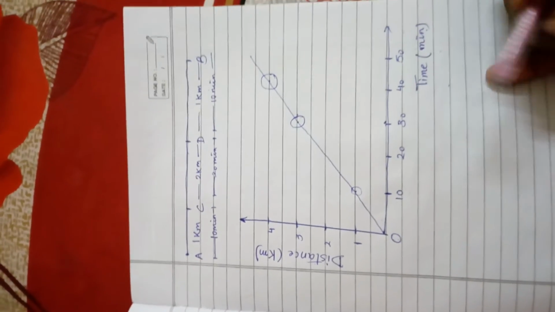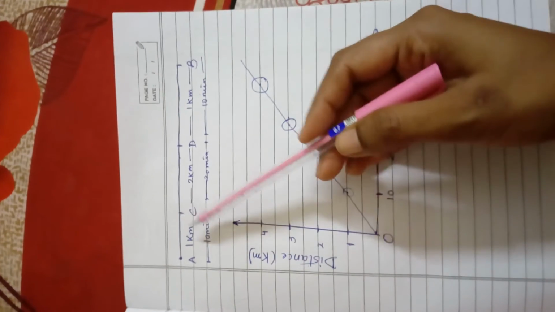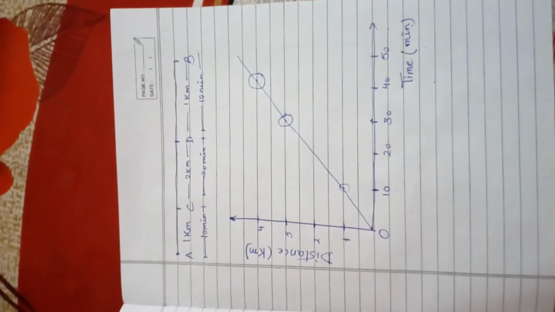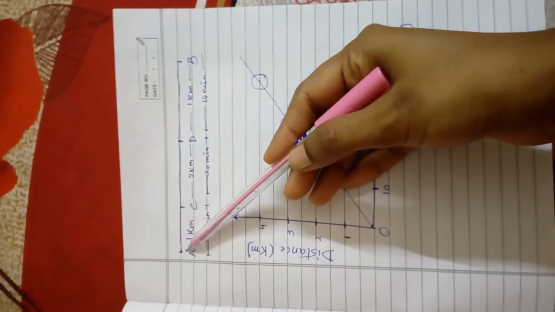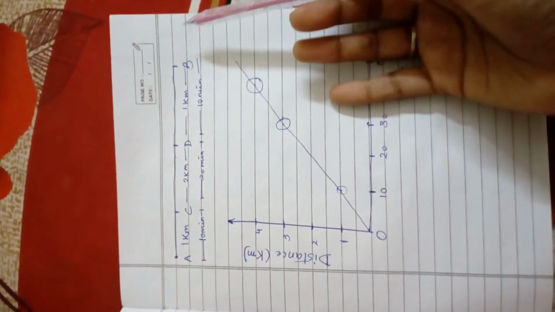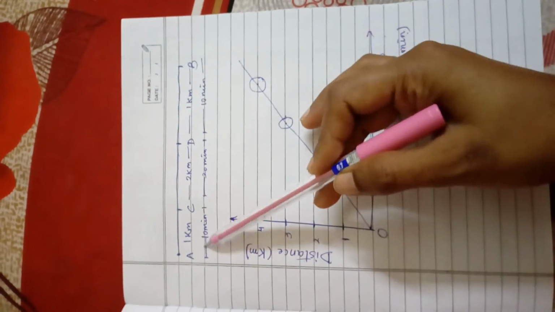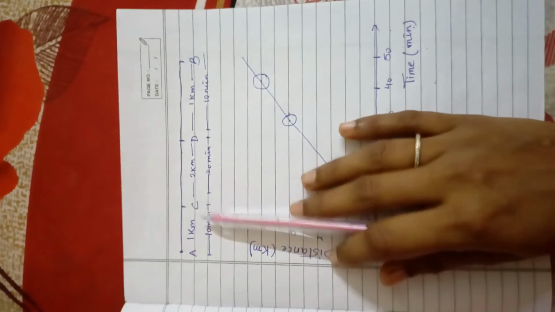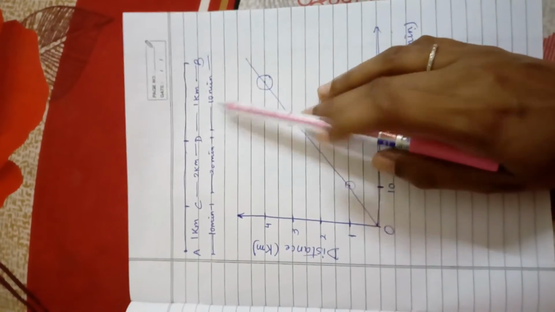Now let us try to draw a different type of graph, which is a line graph. For example, let us take a situation in which a bike started to move from point A and finally reached point B. To reach point B, it covers some distance, and to cover that distance it has taken some time.